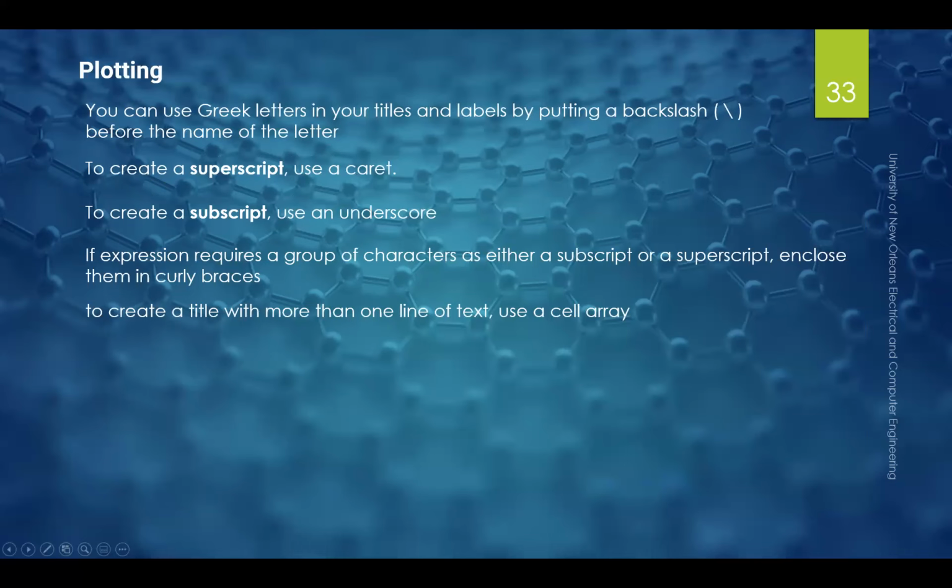If you have expressions, then the expression requires a group of characters as either a subscript or a superscript. You will need to enclose them in curly braces. And to create a title with more than one line of text, you are also going to need to use a cell array. And this is very simple. I'll show you in the next example.